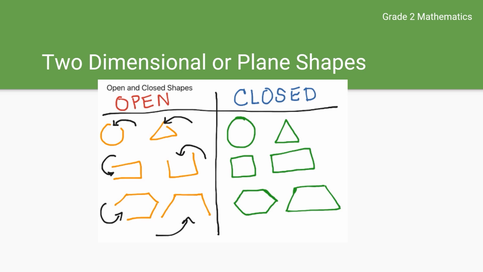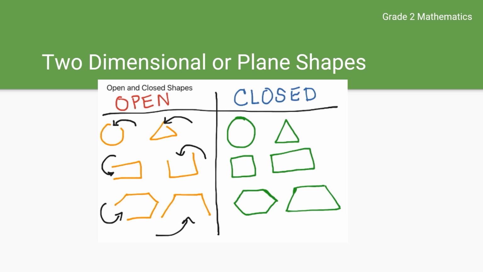You might be wondering, what makes something a two-dimensional or plane shape? Two-dimensional shapes can also be called plane shapes or plane figures. They are flat shapes that have a length and a width. They are flat shapes because you can draw them but not pick them up and hold them in your hand.